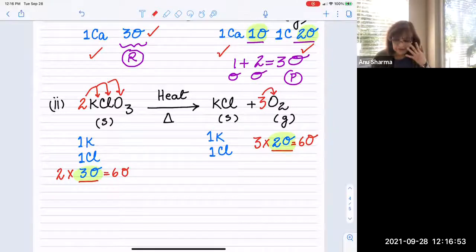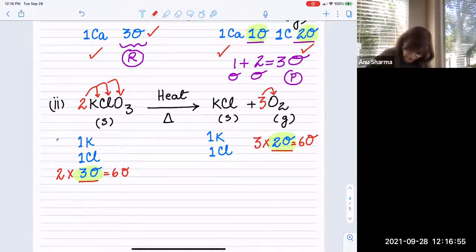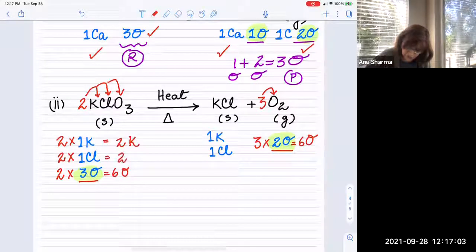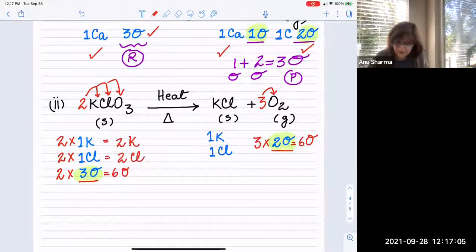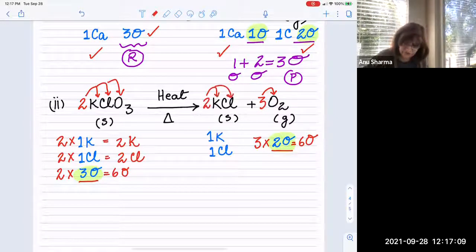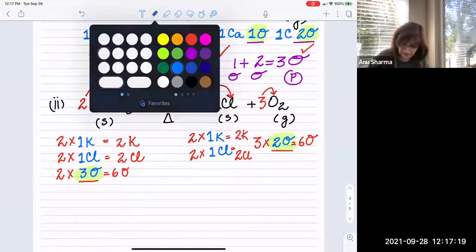So now potassium becomes 2 and chlorine also becomes 2. Then you will have to balance it. So bring 2 here in front of potassium and chlorine, because now you are changing this so you can balance the potassium and chlorine.